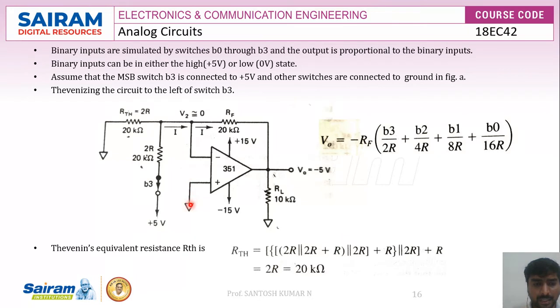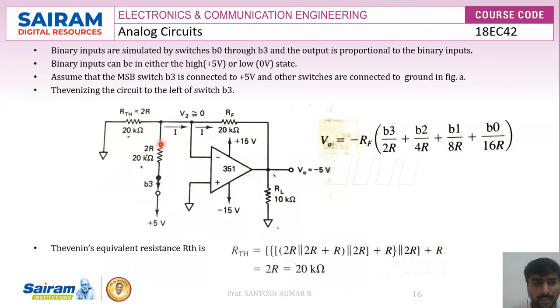Since the inverting terminal is connected to ground, the voltage across V2 will also be equal to 0 because of virtual ground. Hence, the potential across this point will be V2. So here also it is 0 volts, and here also it is connected to 0. Therefore, the current through this particular resistance RTH will be equal to 0.